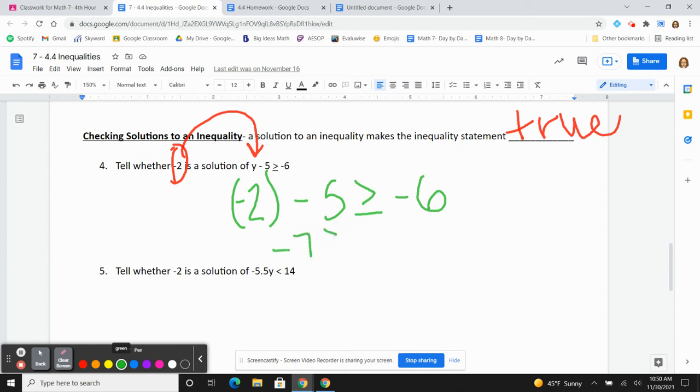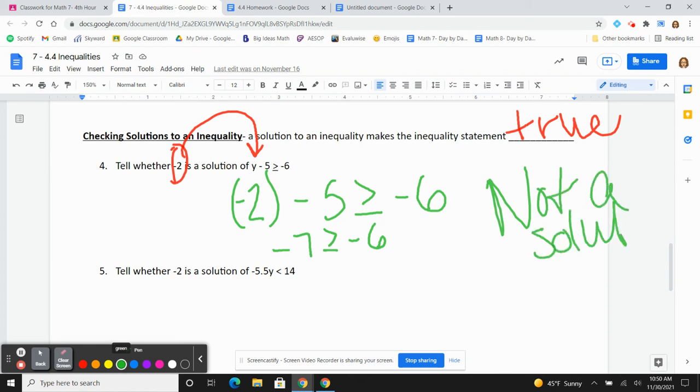Negative 7 greater than or equal to negative 6. Now be careful, these are negatives. Is negative 7 greater than or equal to negative 6? It's definitely not equal. Is negative 7 greater than negative 6? No, it's negatives. Negative 7 is further away from 0. So that negative 2 is not a solution.